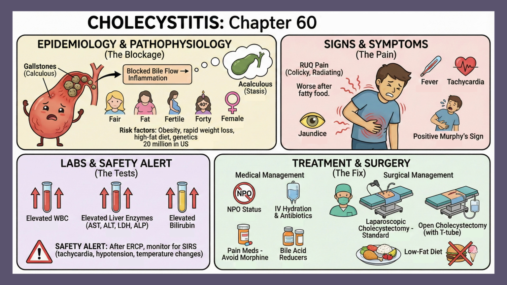For pain relief, meperidine (Demerol) is often preferred as morphine can induce spasms of the sphincter of Oddi. So morphine does induce spasms there, potentially exacerbating pain and bile stasis.